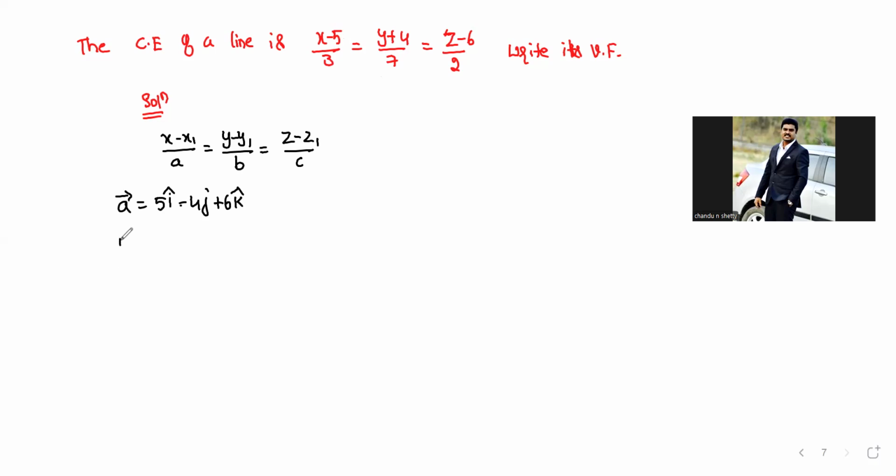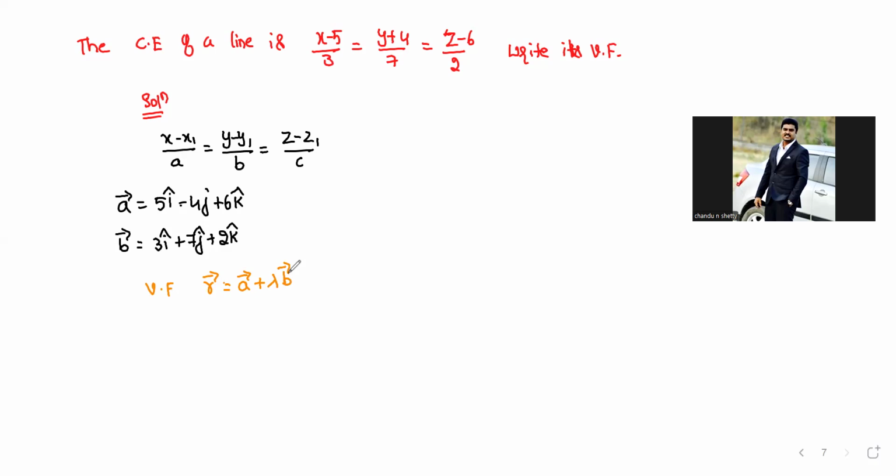Understand now? Now vector b is equal to the denominators, we should write 3 i cap plus 7 j cap plus 2 k cap. Now we all know the vector form equation: vector r equal to vector a plus lambda vector b. Clear?